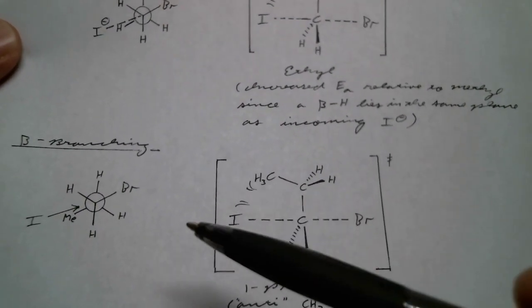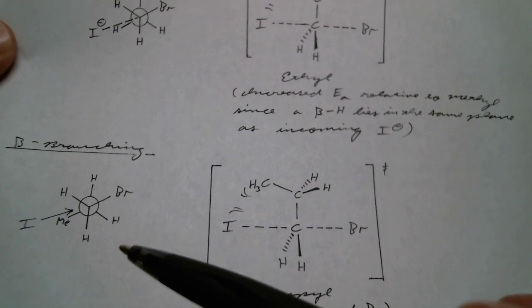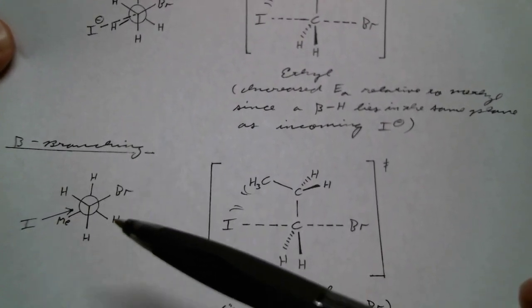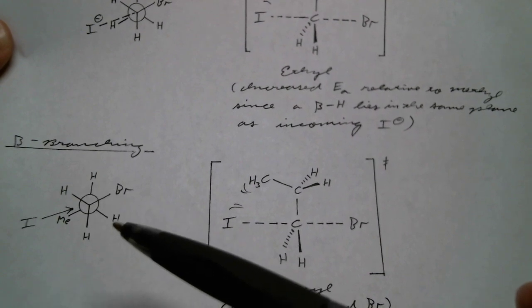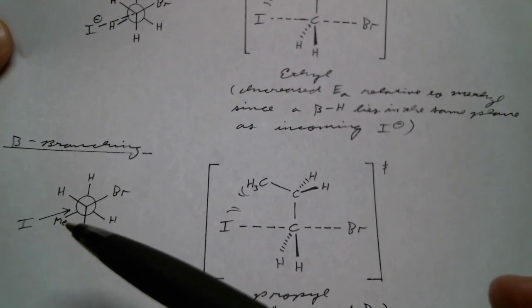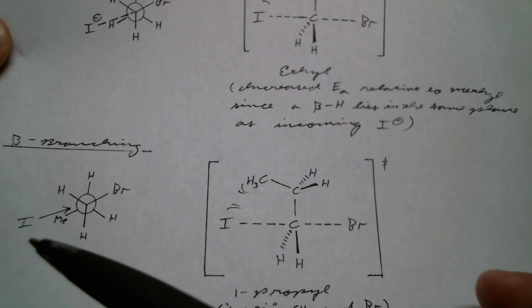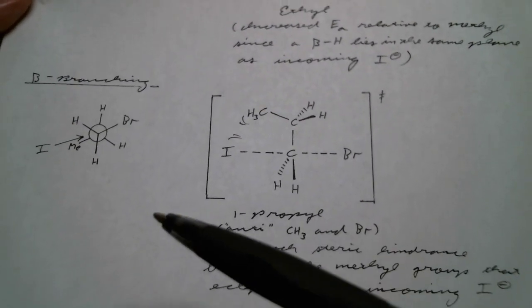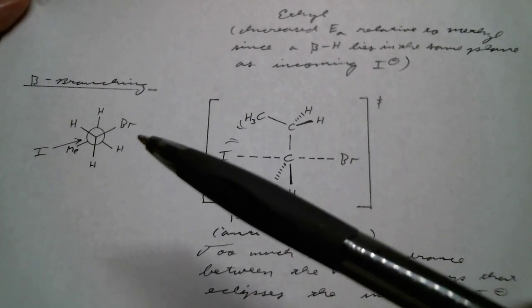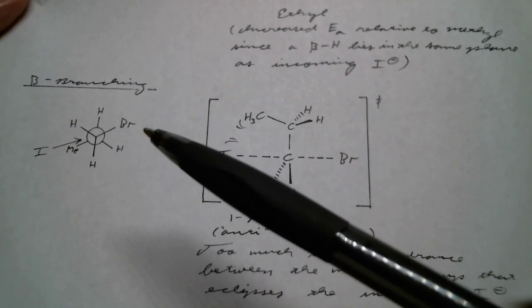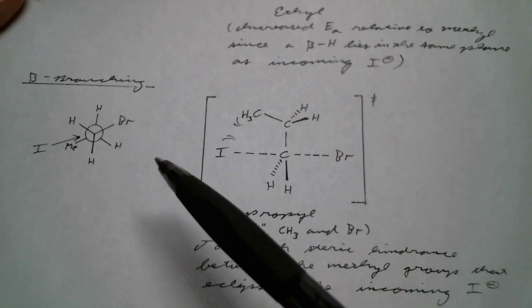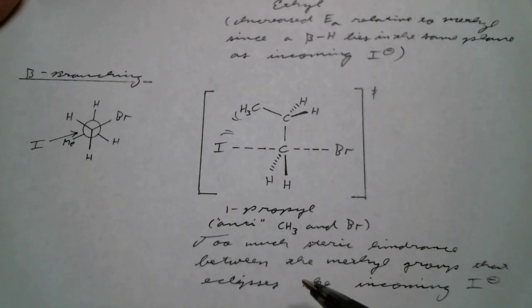What if we branched further, beta branching, right? For our most stable staggered conformation of propyl bromide, now we would have a methyl group eclipsing our incoming iodide, right? Because the anti-conformation, where the methyl group is directly opposite the bromine group, would be our most stable staggered conformation.